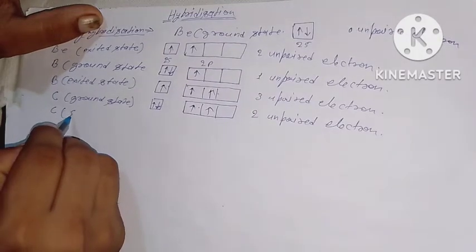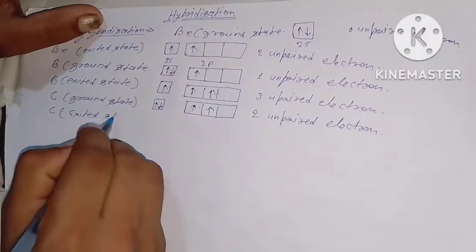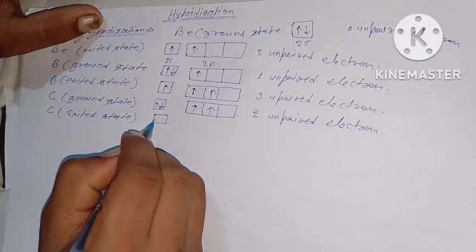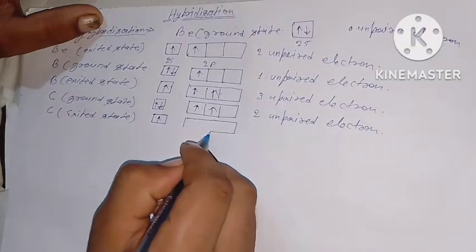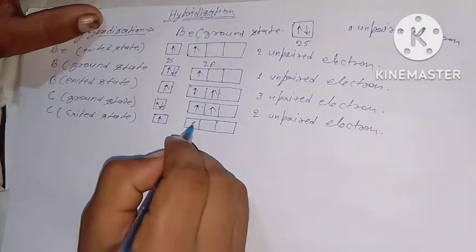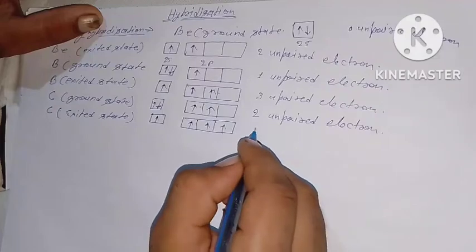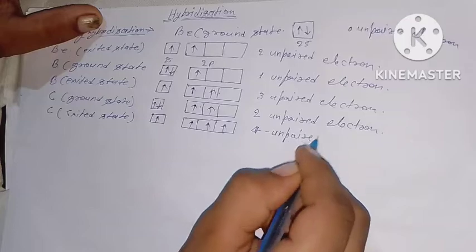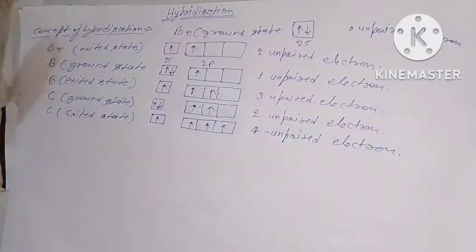Carbon, excited state, 4 unpaired electrons. Okay.